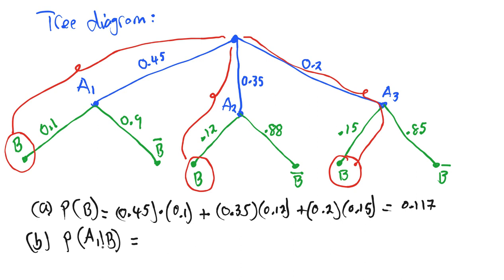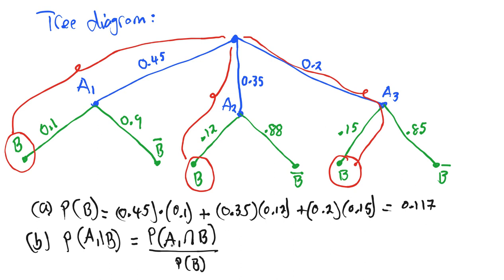Well, this is a conditional probability. So even if you want to forego the formality of Bayes' theorem, simply use the definition of a conditional probability, which is the probability of A1 and B divided by the probability of B. This is completely correct.